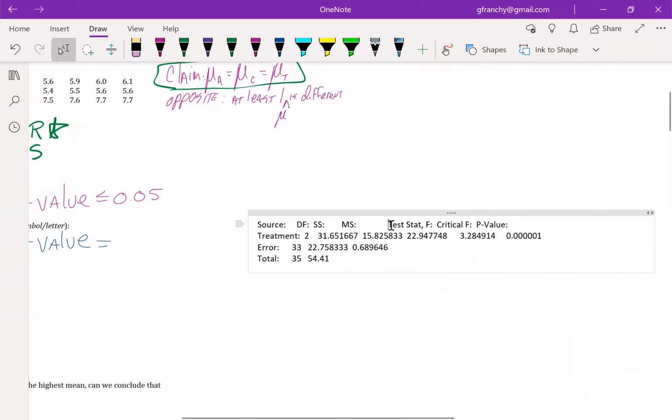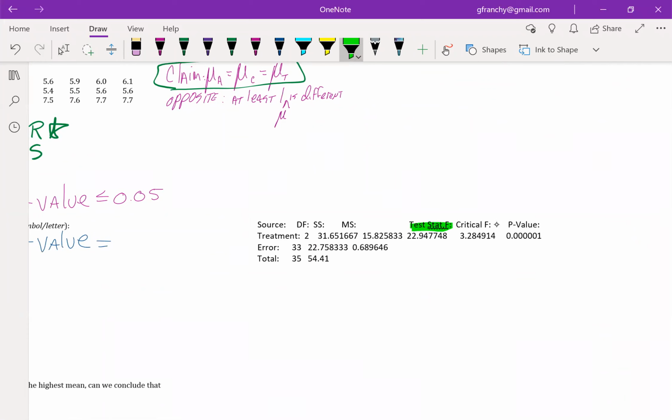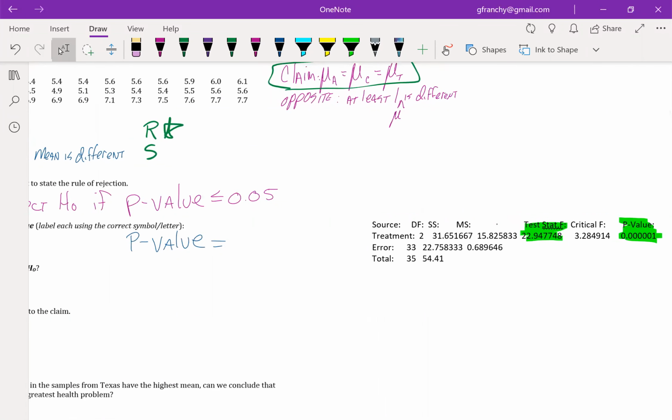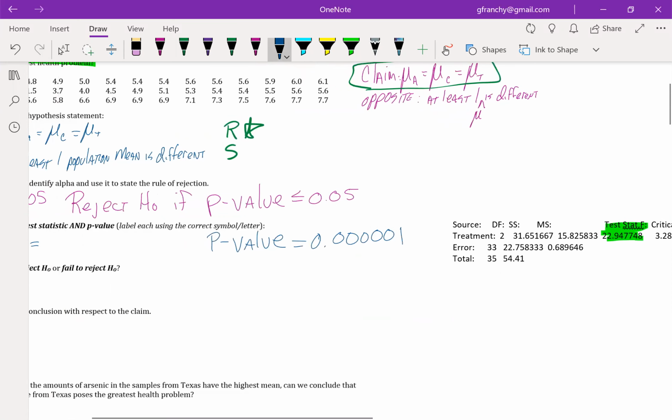What's important here is our test statistic and our p-value. So the p-value has 1, 2, 3, 4, 5 zeros, then the 1, and the F statistic is 22.948.